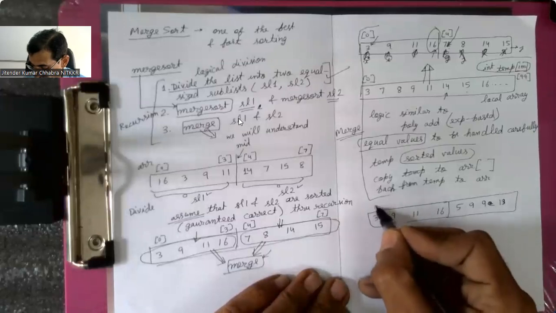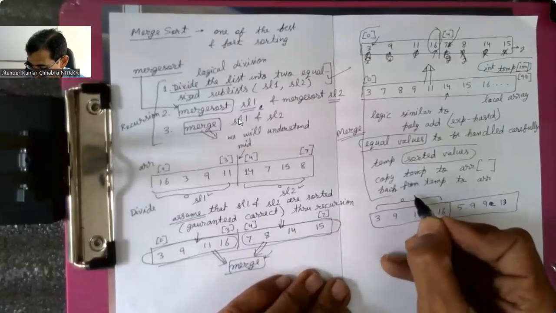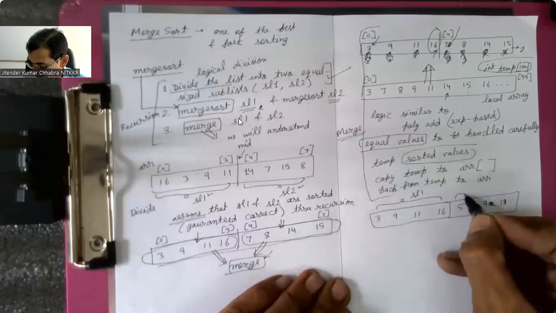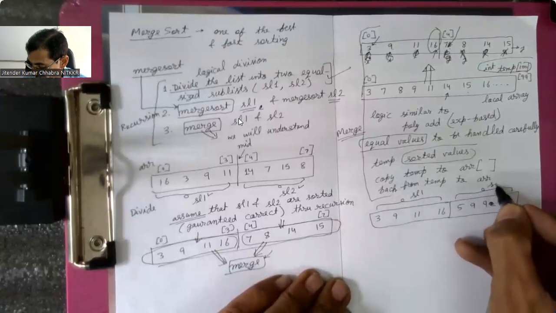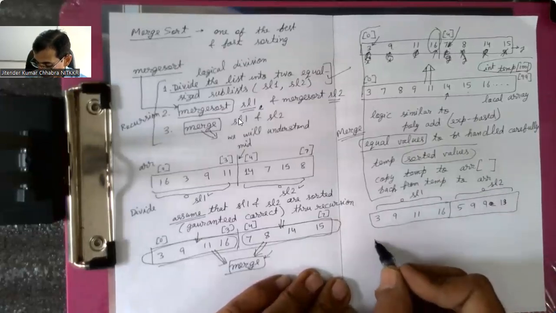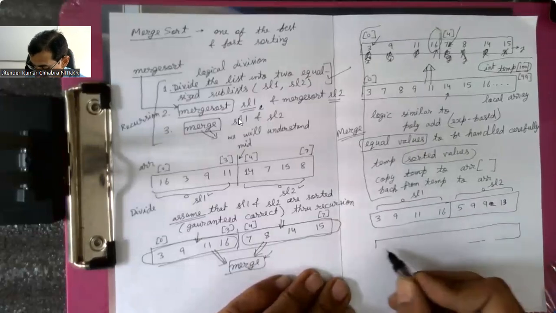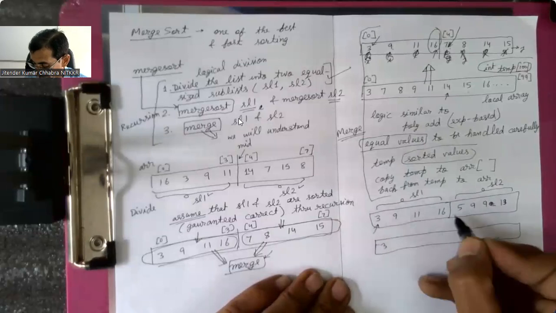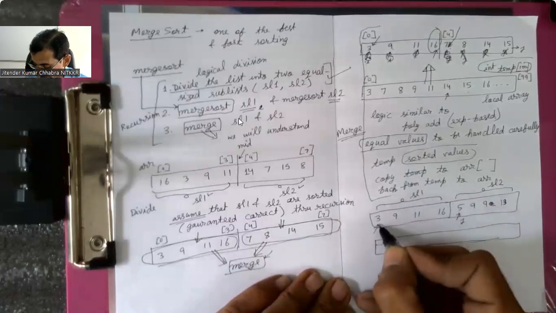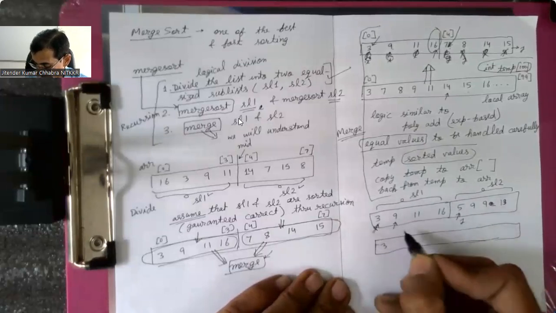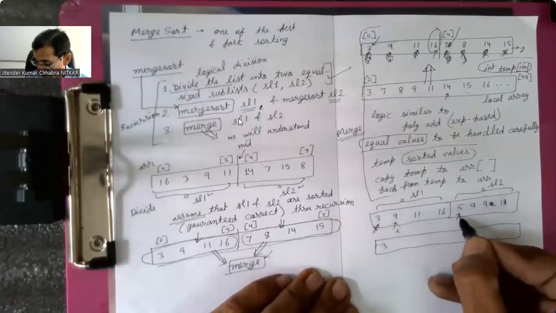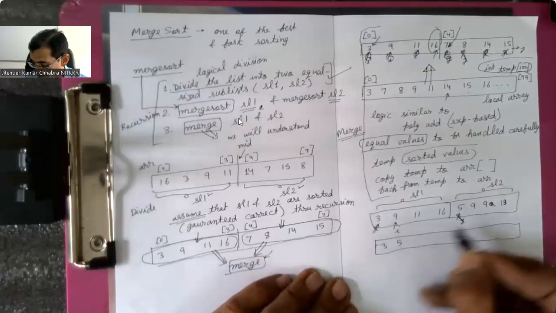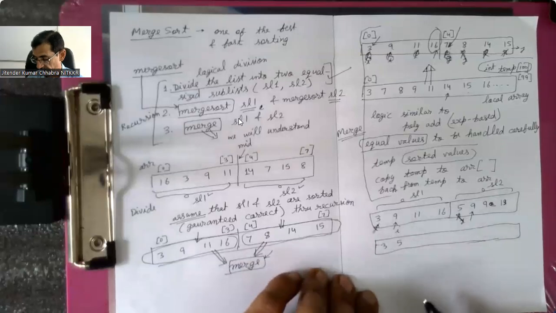So this is my sublist 1, sublist 2. You took a temporary array, you compared and copied 3, j was here, this incremented, I came here, j copied, 5 copied, j increment.